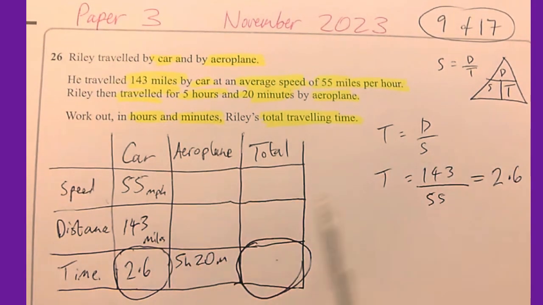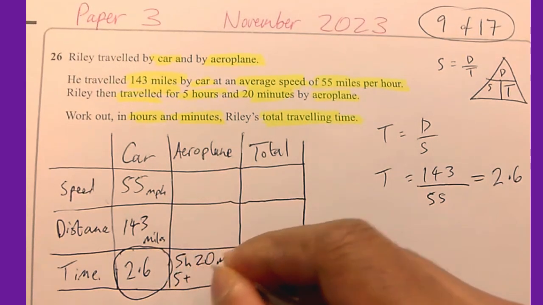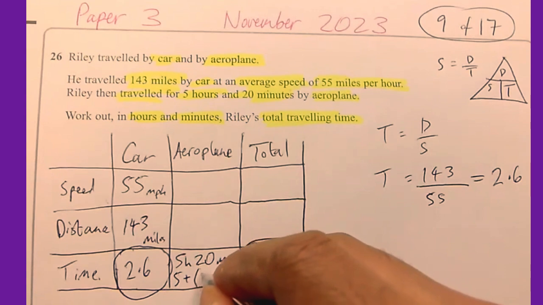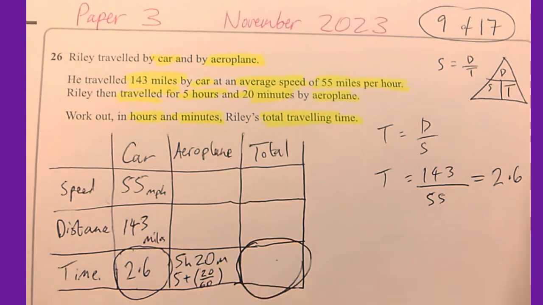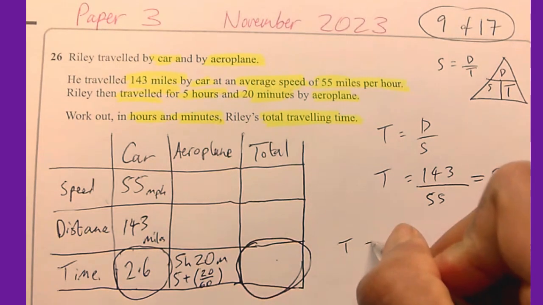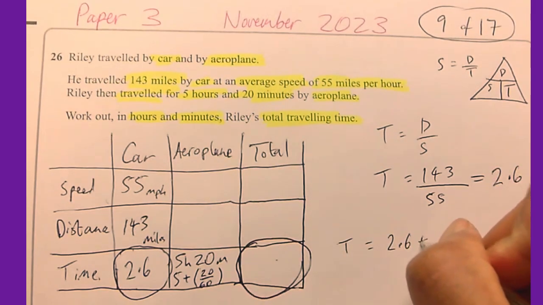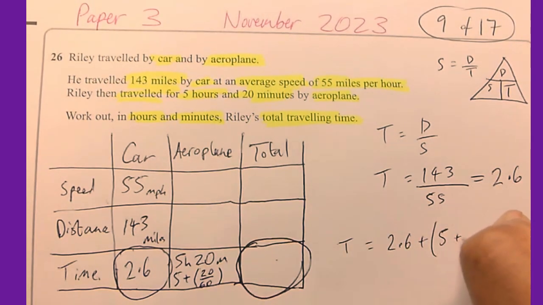Now, what I need to be careful of here is that this is in hours and minutes. I need to keep them the same. So I'm going to have 5 plus 20 divided by 60 minutes in an hour. So I need to do that. So my total time becomes 2.6 plus 5 plus 20 divided by 60.